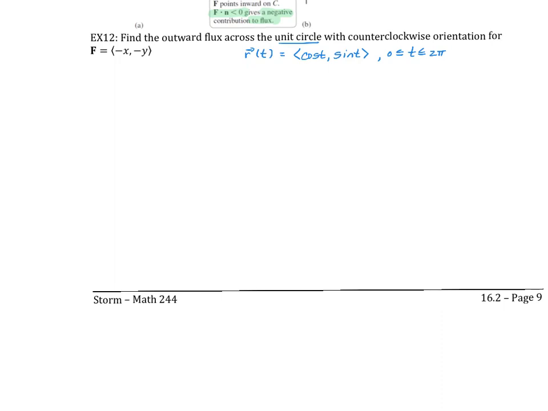Okay, so the unit circle is a nice closed curve. It doesn't intersect itself, so I can use that flux integral. The integral from 0 to 2 pi is going to be F is negative x, negative y. Since x is cosine and y is sine, negative x is going to be negative cosine, and negative y is going to be negative sine.